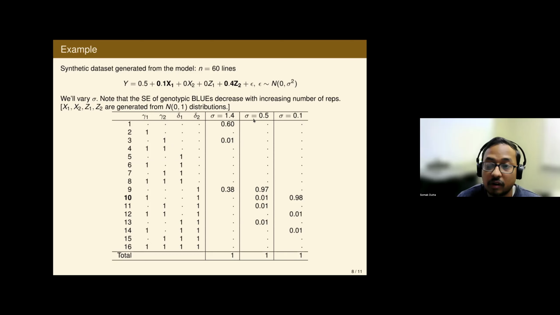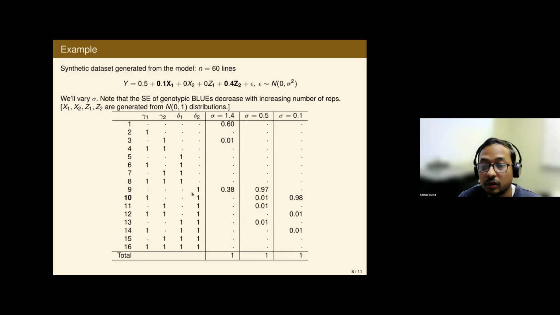When you increase the number of reps, say your sigma decreases to 0.5, we now see that one of the important genes, Z2, gets almost all the posterior probability. So 97% of the mass concentrates on the model that says the first SNP and the first gene are unimportant, but the second gene is important.